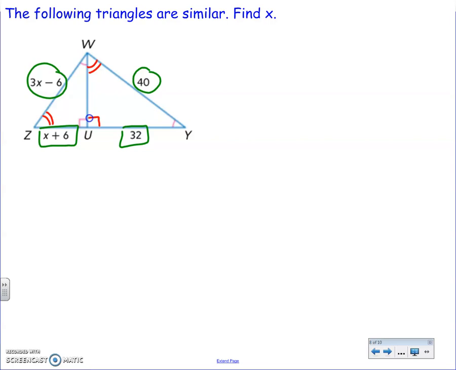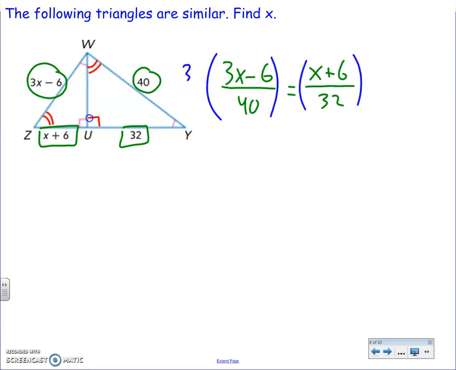So circle over circle equals square over square. We're going to solve this. Ooh, these are big numbers. That's okay. They don't cancel out. So that's 96x, 96, 192, over 40 equals x plus 6.